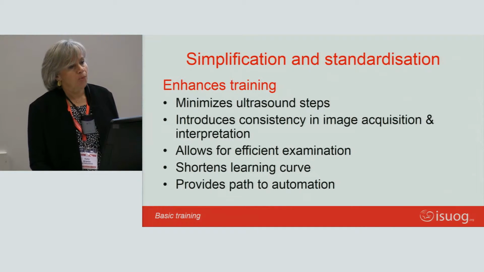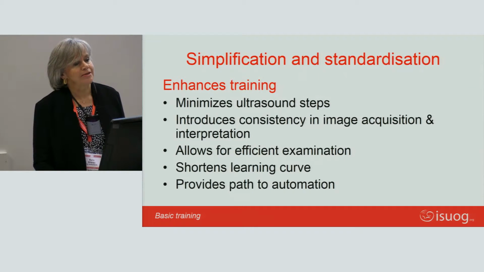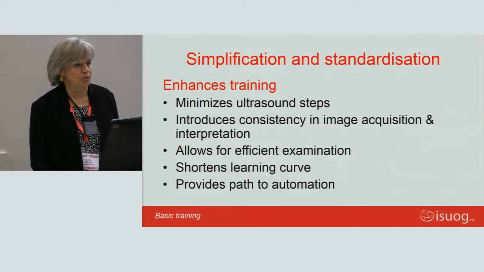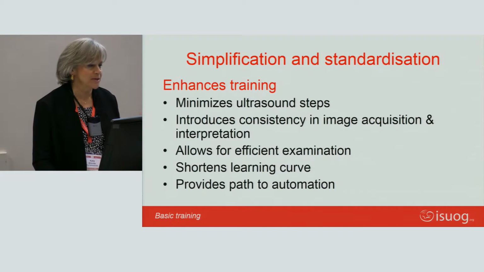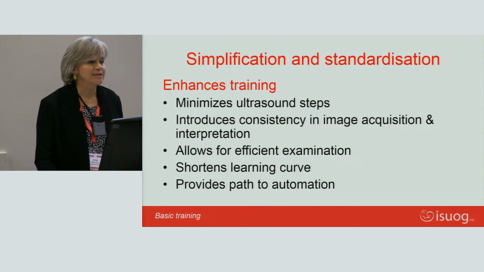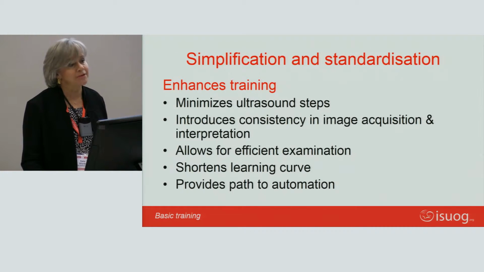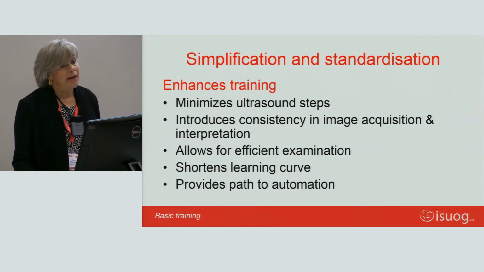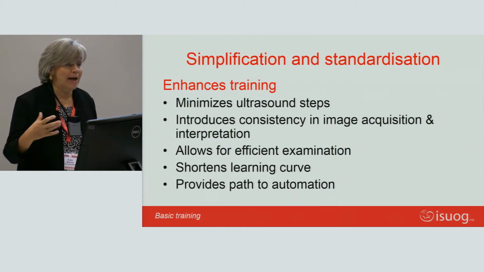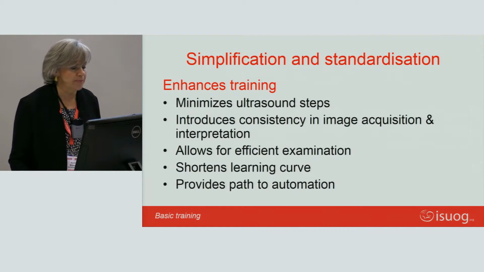Why are we proposing this 6-step approach? It may sound like an oversimplification, but it's very important because it enhances training, and as a result it will minimize the time that you need to go through these steps.